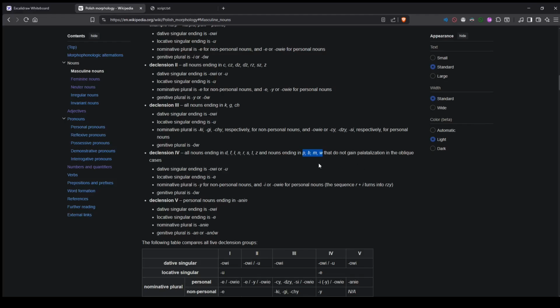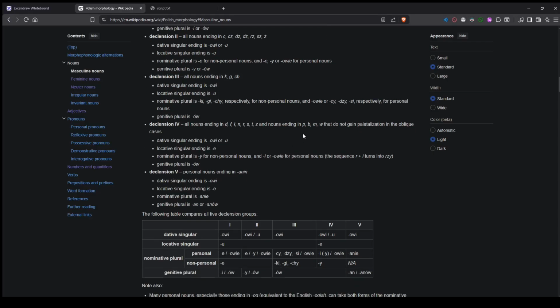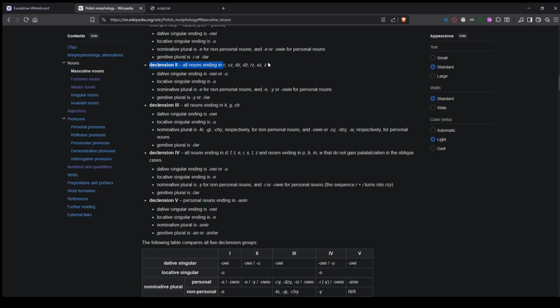So, I guess I tried to explain it in the previous video. This means basically that I believe that if you transform the noun from the nominative case to any other case, there is no i added after the consonant. Okay. So, for now, let's just stick to these guys and these guys.